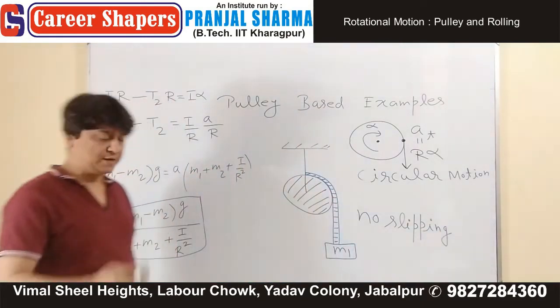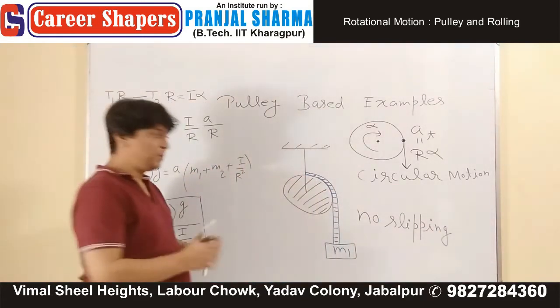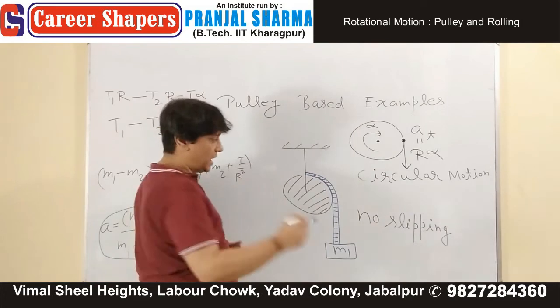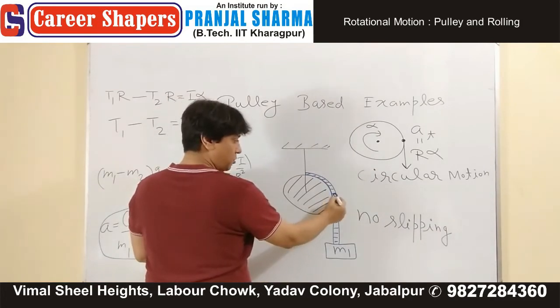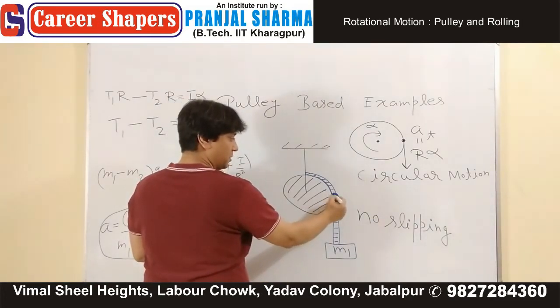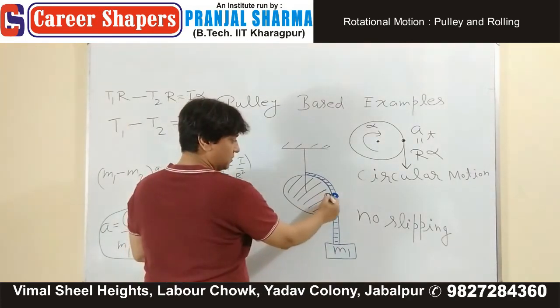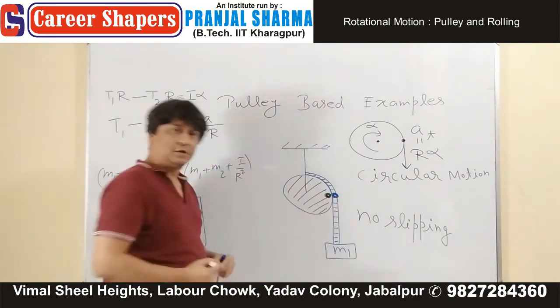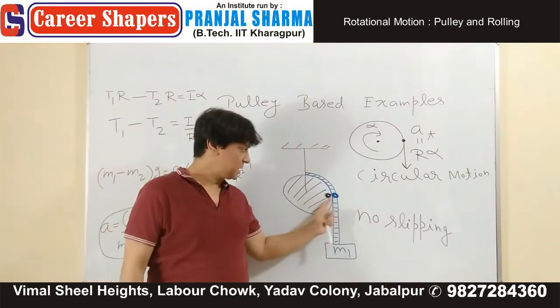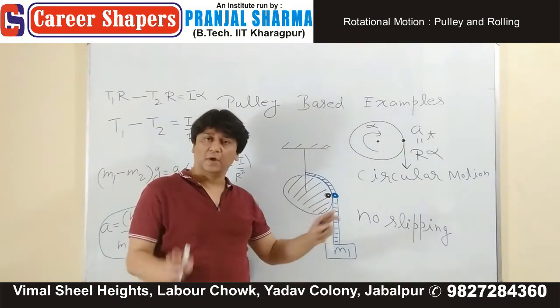If it doesn't slip, then it means what? Any point on the rope and any point on the disc, the nearest point, the point which is at the circumference, this point of the disc and this point of the rope, they are touching each other.